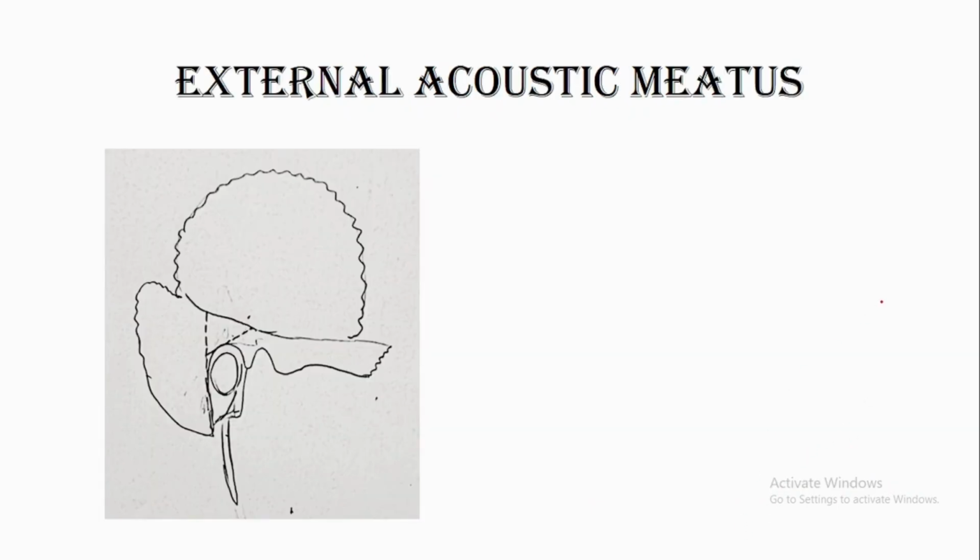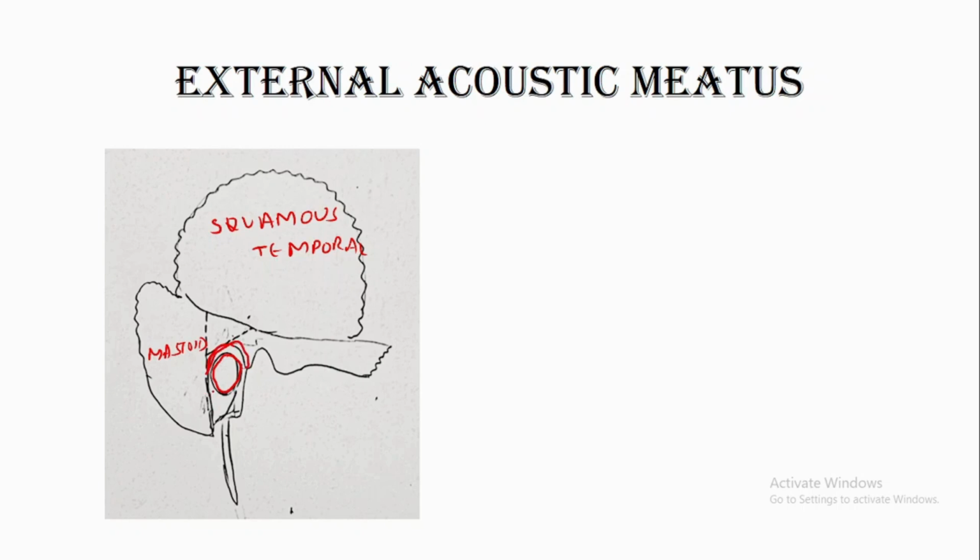Now coming to the external acoustic meatus. So this is the squamous temporal bone. This is the mastoid temporal bone. And this portion is the external acoustic meatus.